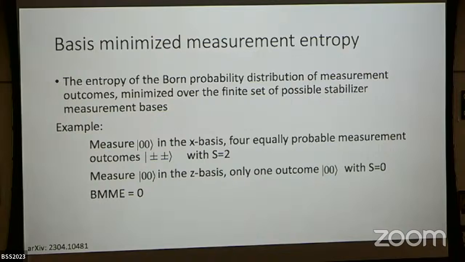Yes, questions? I guess we're assuming we're measuring all the qubits at once. You mean as opposed to a Bell measurement or something? Yeah, there are magic measures that use Bell type measurements, but that's different. In this, I'm assuming we're doing single site measurements.